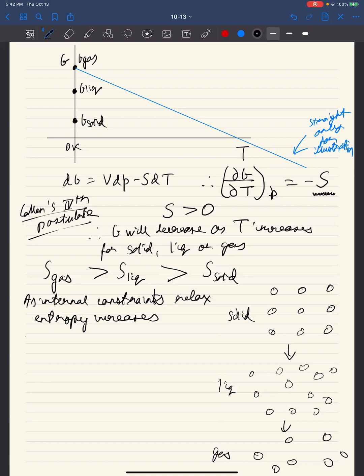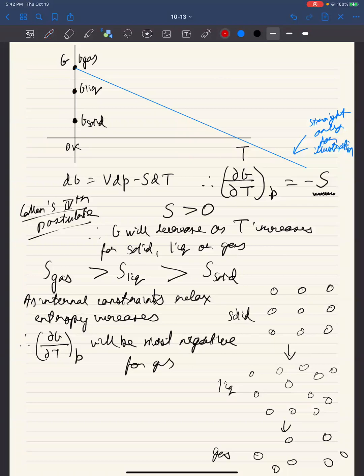So this means that partial G by partial T at constant P will be most negative for gas. So gas is going to be something like this. Liquid is going to be something like this, slightly lower slope.